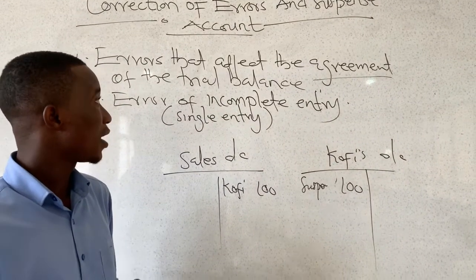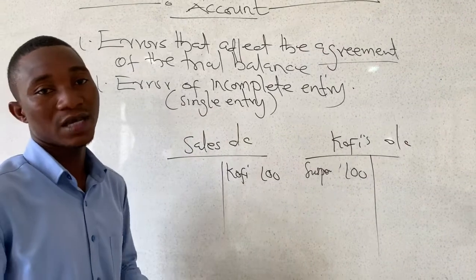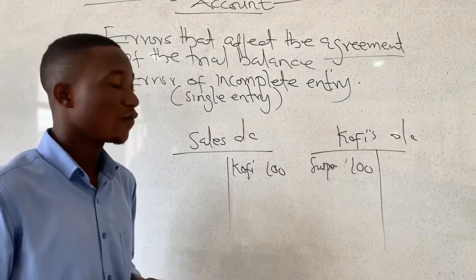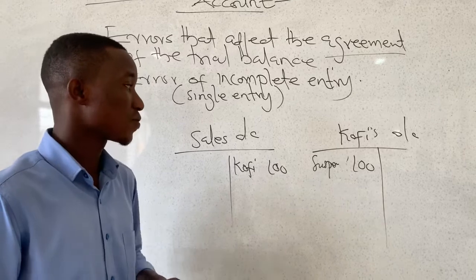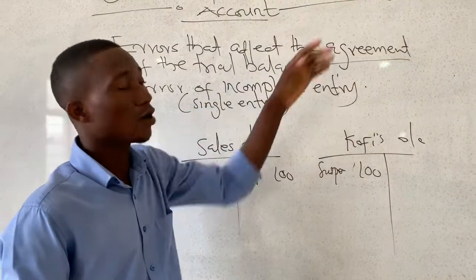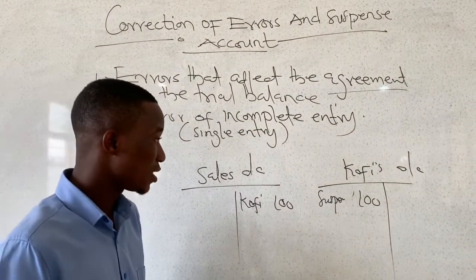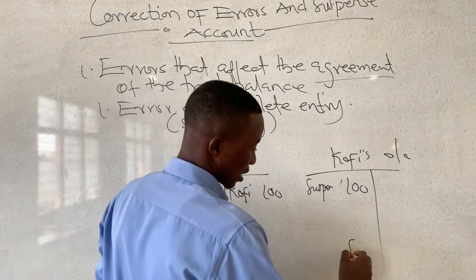Okay, but mind you, all errors that affect the agreement of the trial balance are corrected with the help of the Suspense account. They pass through the Suspense account. Okay, but before that, I will also talk about the meaning of the Suspense account later in this particular video. Is that okay? So stay tuned. So we'll be having our Suspense account.